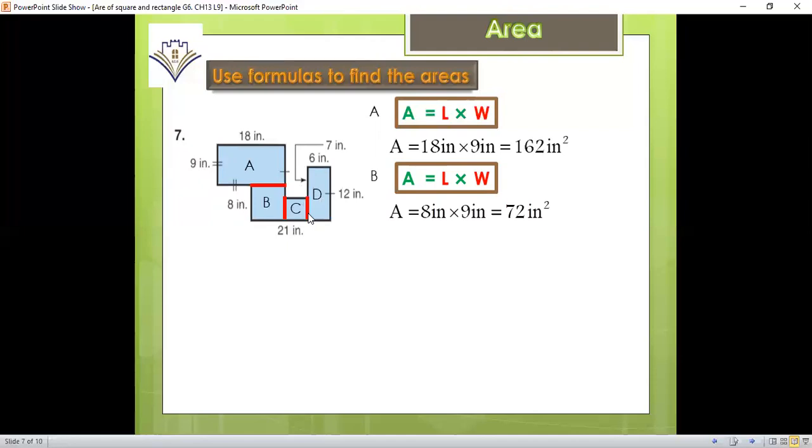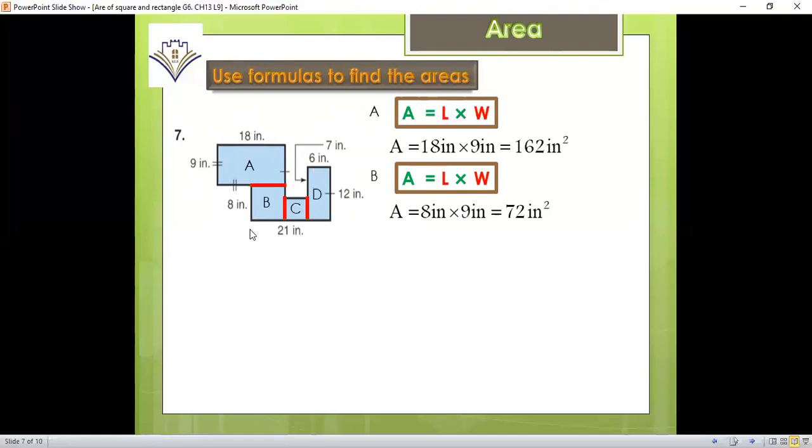What about this line? Look here. This line is 21 inches. And this part is 6. This part is 6. And this part is 9. Then we have 9 and 6. 9 plus 6 equals 15.